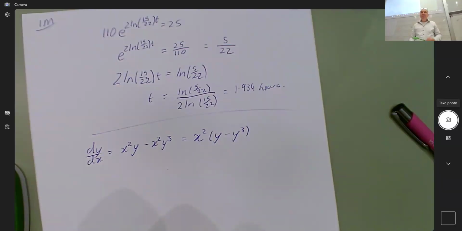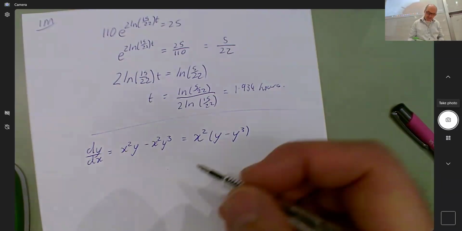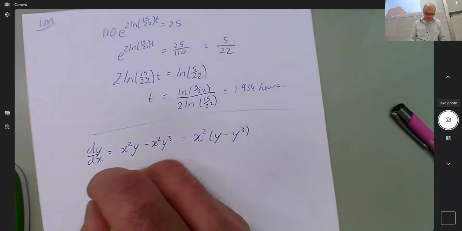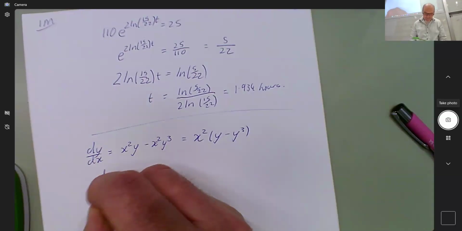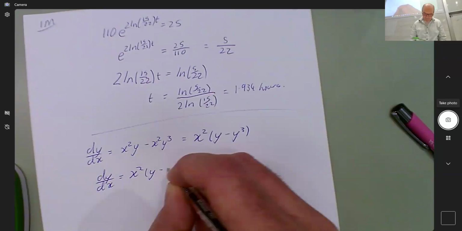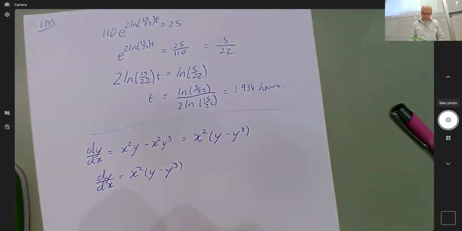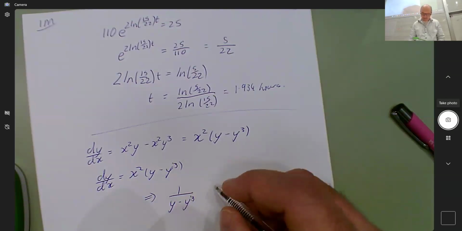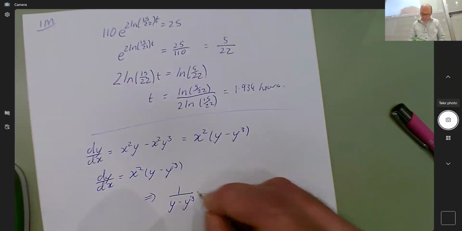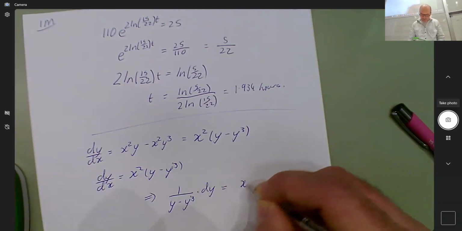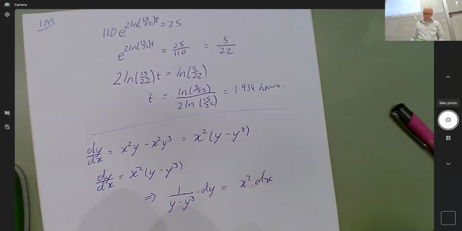All right. There are times when I go, oh, I've done a silly thing. All right. So because I've got dy on dx is equal to x squared y minus y cubed, then I'm going to be able to write that as 1 on y minus y cubed dy is equal to x squared dx.